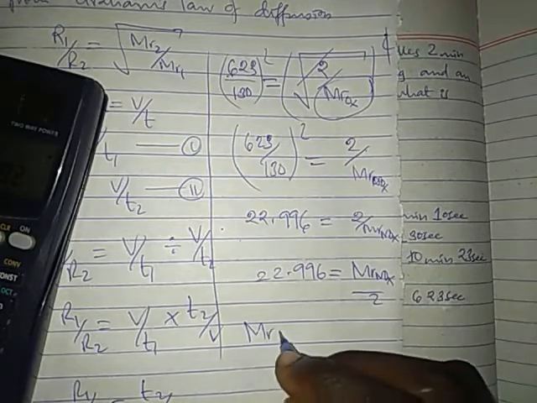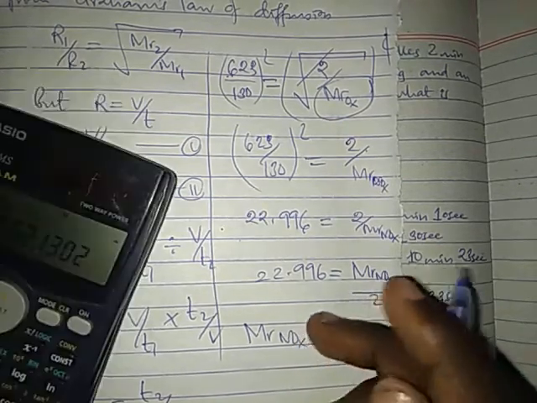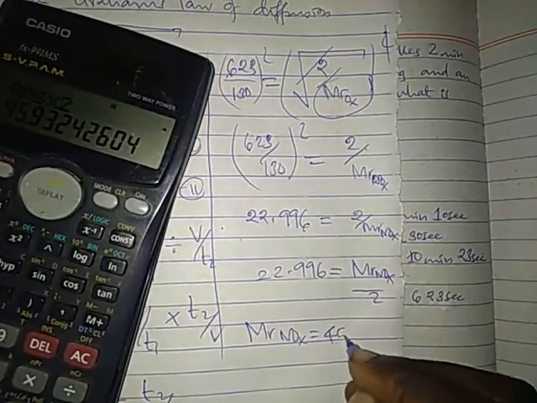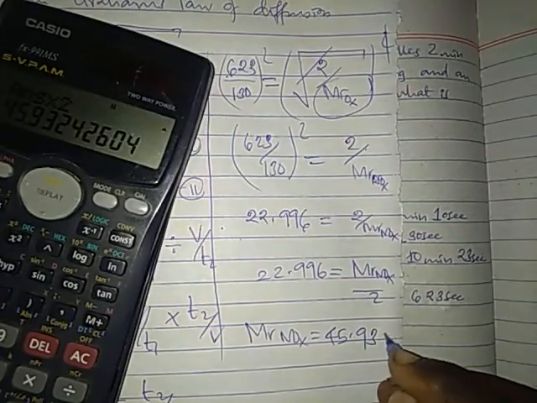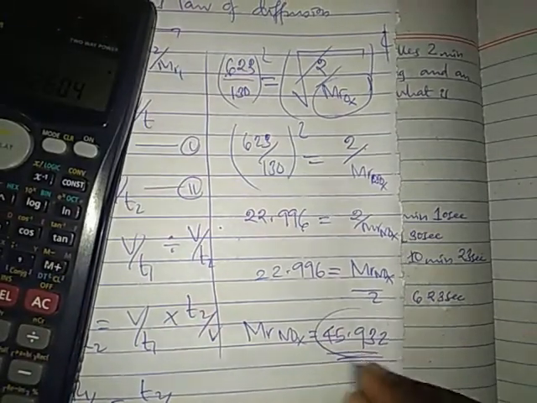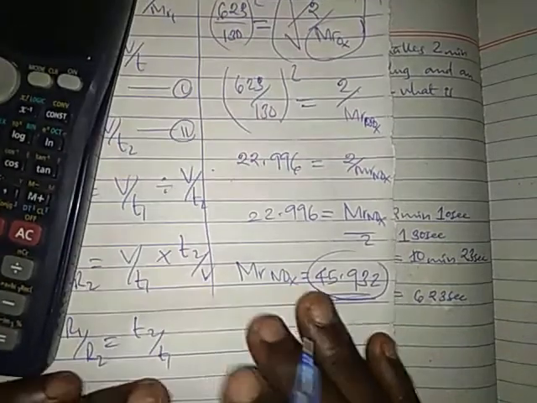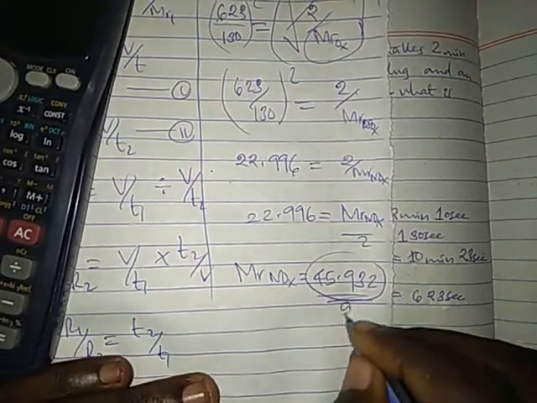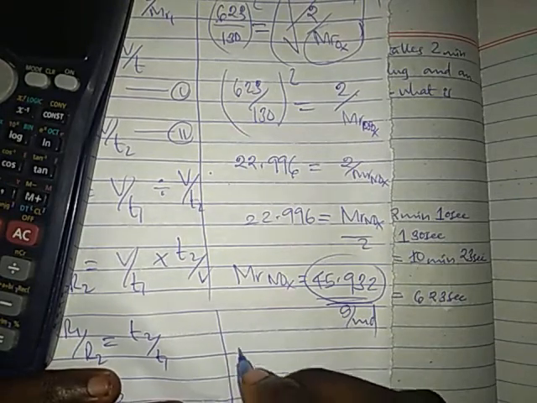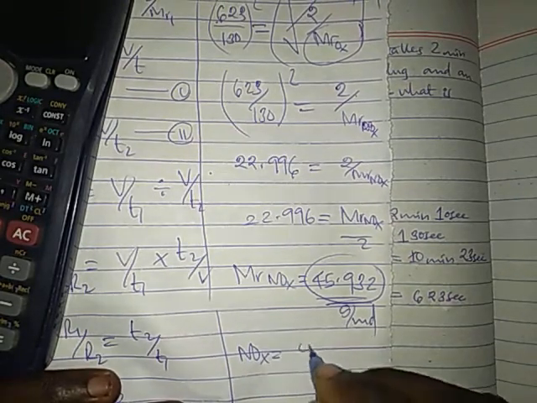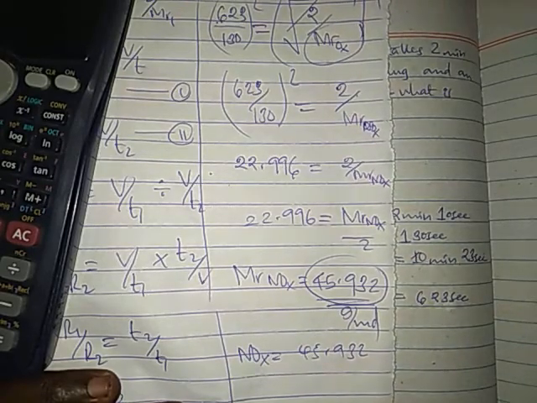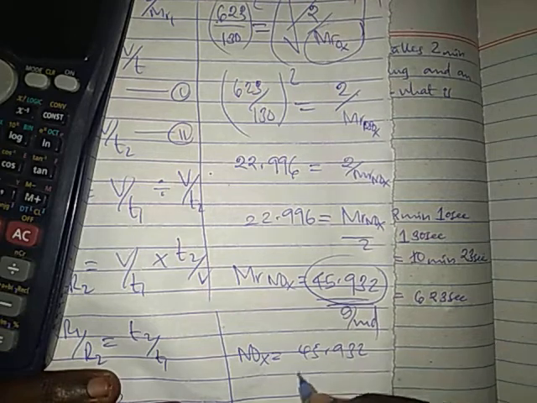So molar mass ni sawa na hii hapa mara 2, utapata 45.932. From there, manake ndio molar mass of the compound, 45.932 gram per mole. Na from there nitrogen tunafahamu ni 14.